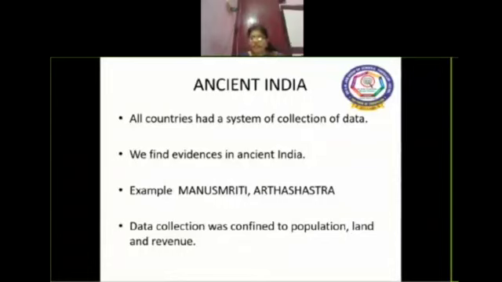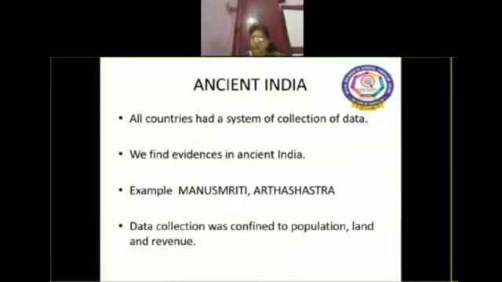Such data collection was necessary for the running of the state. Running of a state is essential, and to look after various affairs of the state, data collection is very important. Usually, data collection was confined to knowing about the population, land, and revenue.